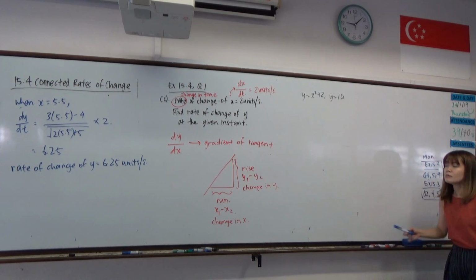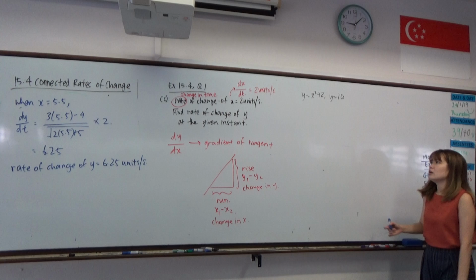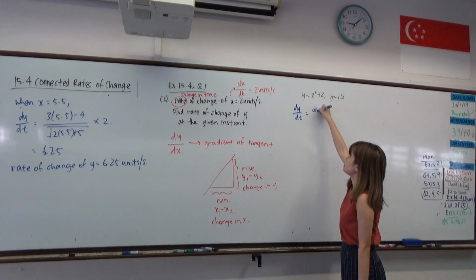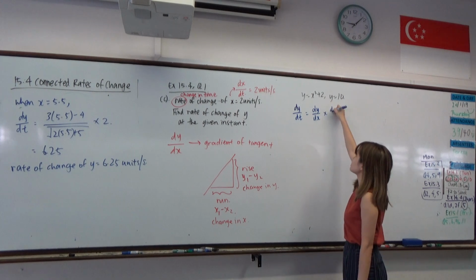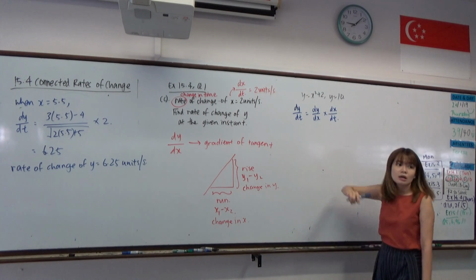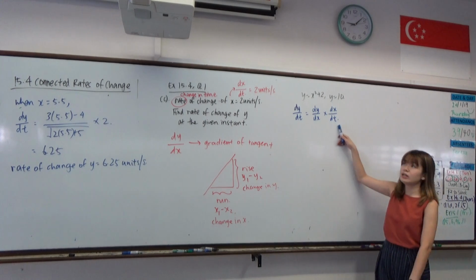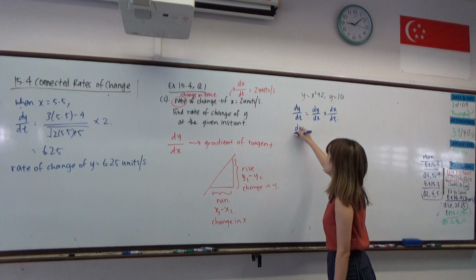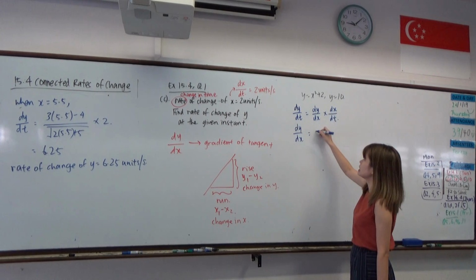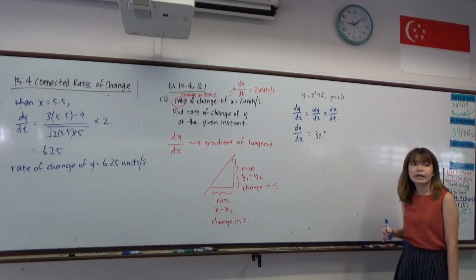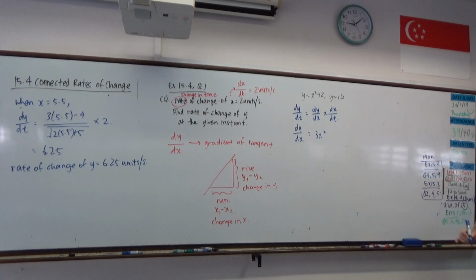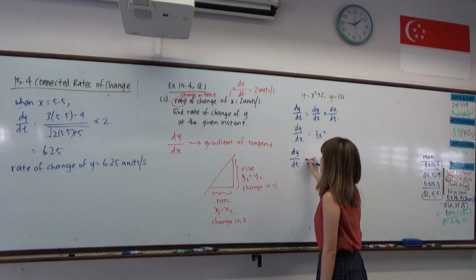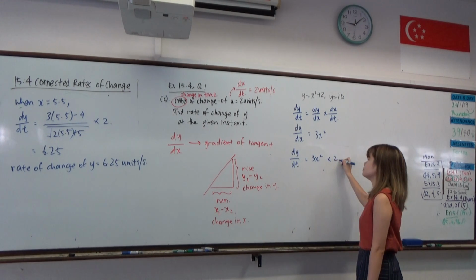So in order to find dy over dt, we have to have dy over dx times dx over dt. We have dx over dt already, so now we need to know what dy over dx is. Differentiating the function given, you will get 3x squared. So dy over dt will be 3x squared times 2.